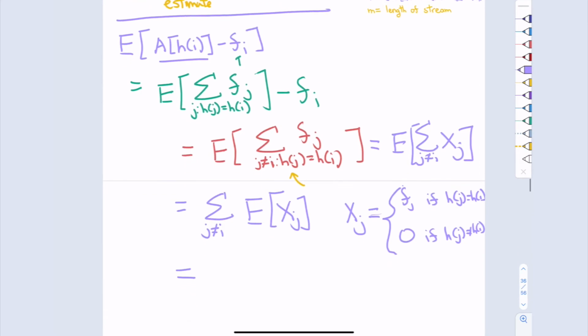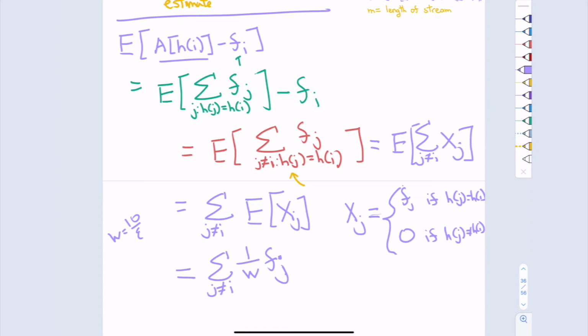So for every other ID, I'll write w for the time being, but w was set to something like 10 over epsilon. It'll be 1 over w times the frequency of j. With probability 1 over w, they do collide and you add in fj, otherwise they don't collide.